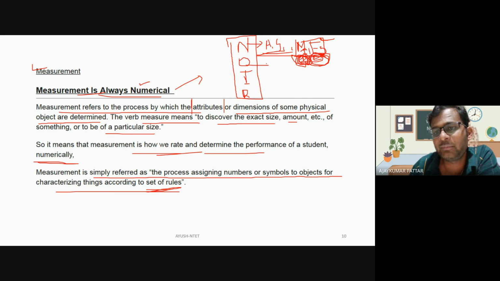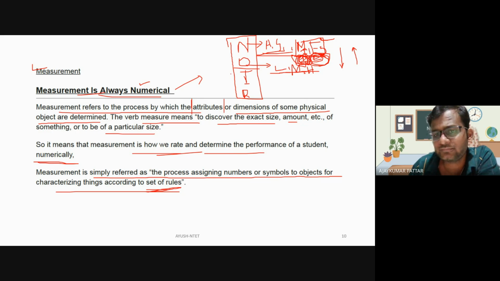In the ordinal scale, what happens? Ordinal means these are names also, but in an order: low, medium, high. So like this, we can arrange the data into low, medium, high, or one particular order, ascending to descending or descending to ascending order. That type of data we call an ordinal scale of measurement.